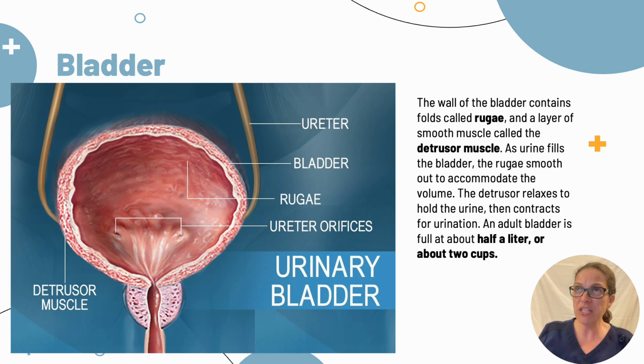Okay, so we just said that the kidneys, the warehouse, inside are the nephrons. They generate and make up the urine that is going to travel down the ureters and go into the bladder. Why? Because we need a bladder as a storage site so that we don't continuously leak out urine.